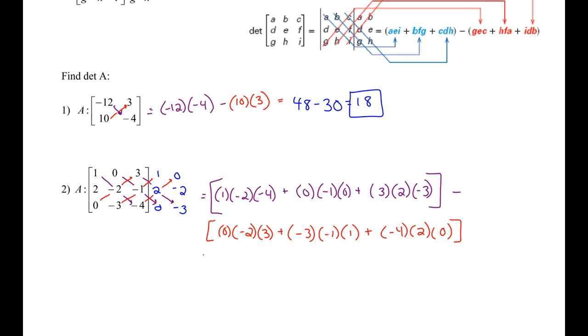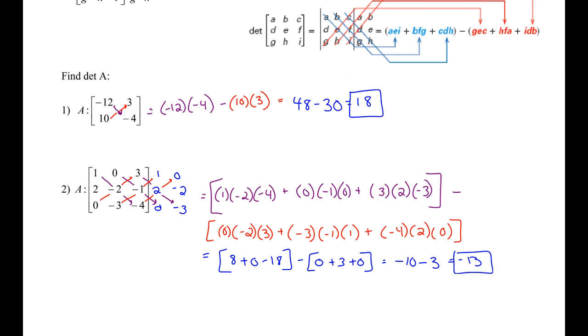So if I want to simplify, I end up with 8 plus 0 minus 18 in the first set of brackets, and that was being subtracted by 0 plus 3 plus 0. So I end up with negative 10 minus 3, or a determinant of negative 13.